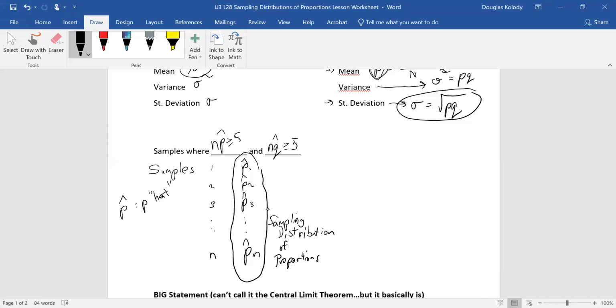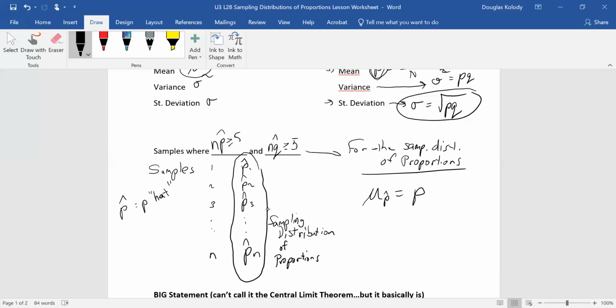So for the sampling distribution of proportions, we can find the mean of the sampling distribution. And the mean of that sampling distribution is the same as the mean of the entire population, just like the central limit theorem yesterday.